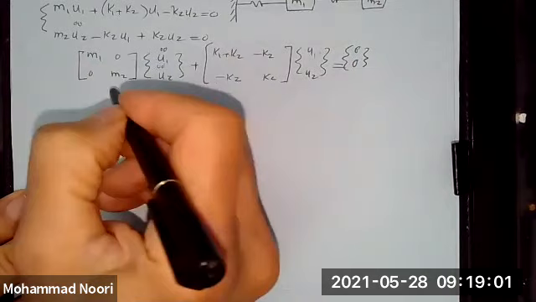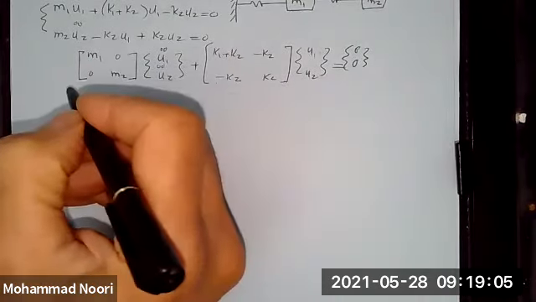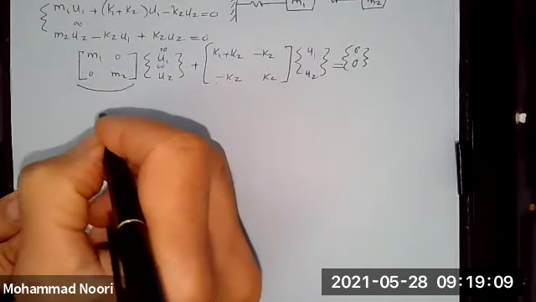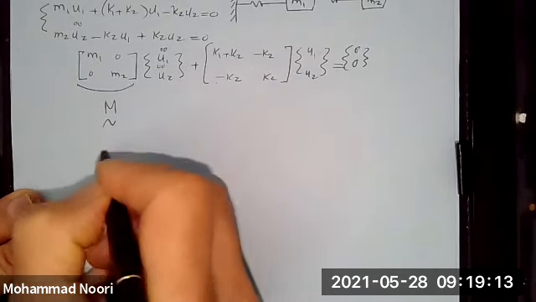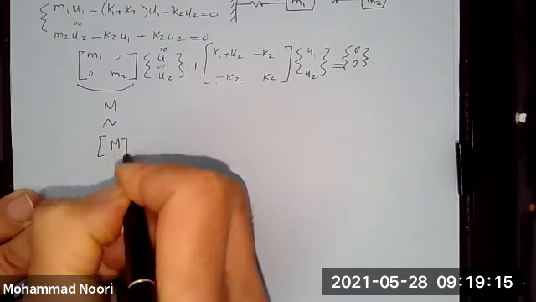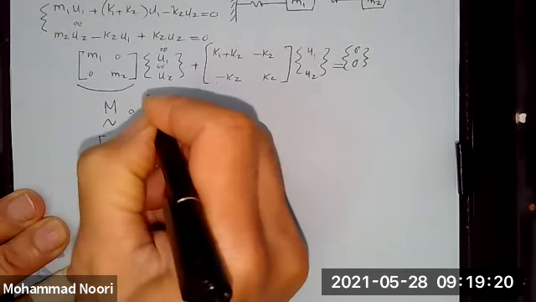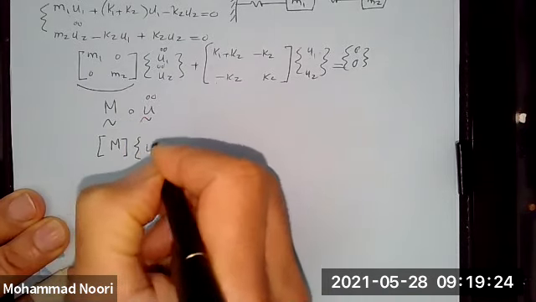Property number one is this. I will write this first and then I will show you. In general, I can write this as a matrix like this or like this, just different notations.